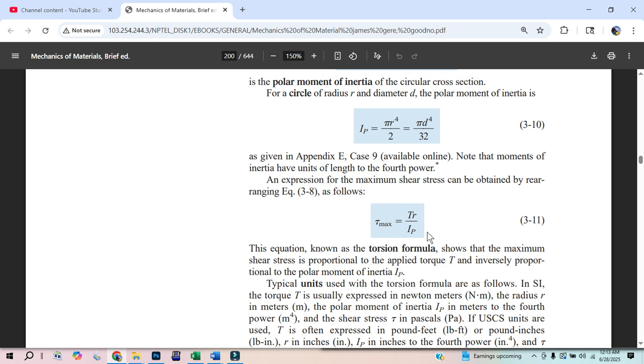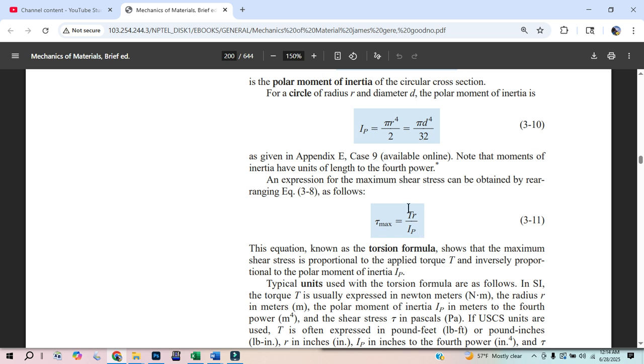Anyway, so I would get this pi r to the 4th up there. I would get this t max down there. And I would leave the pi downstairs. There you go. So if this IP is pi r to the 4th, I'm going to leave the pi downstairs. The 2 goes upstairs, so I'm going to have 2t. This r cancels. I'm going to have r to the 3rd. So I'm going to get this t max downstairs.